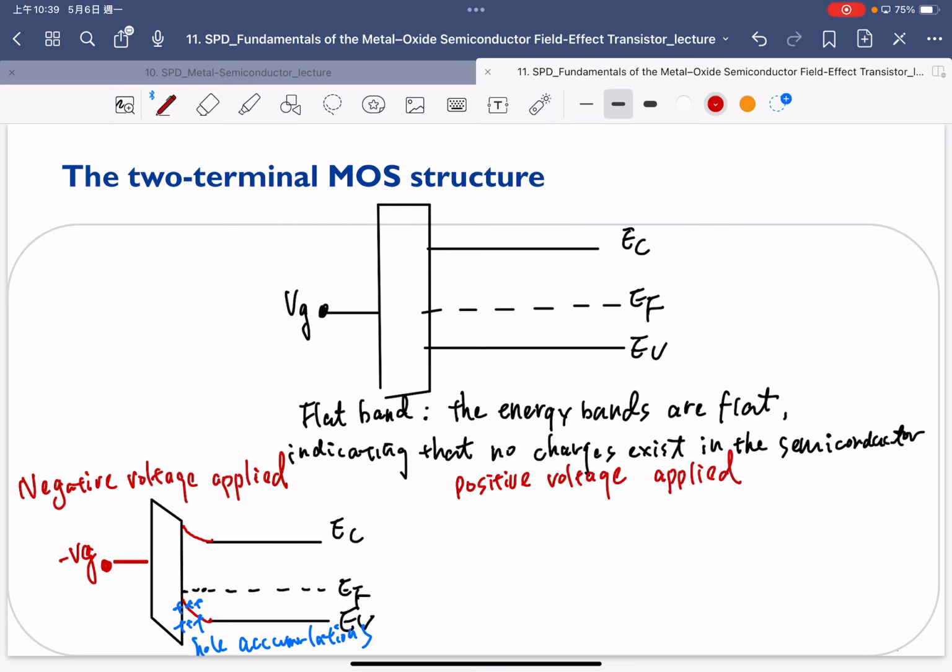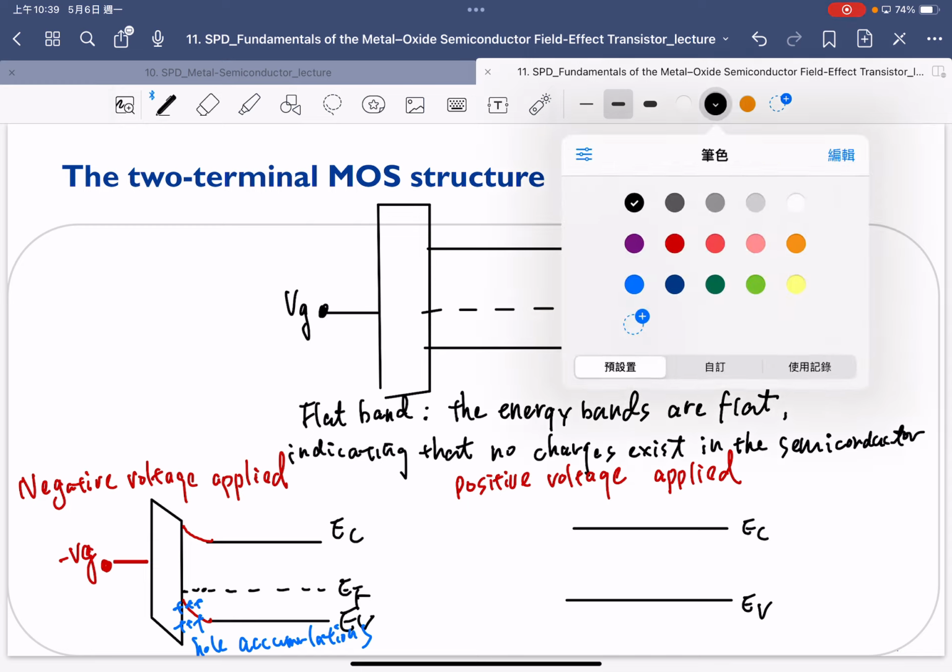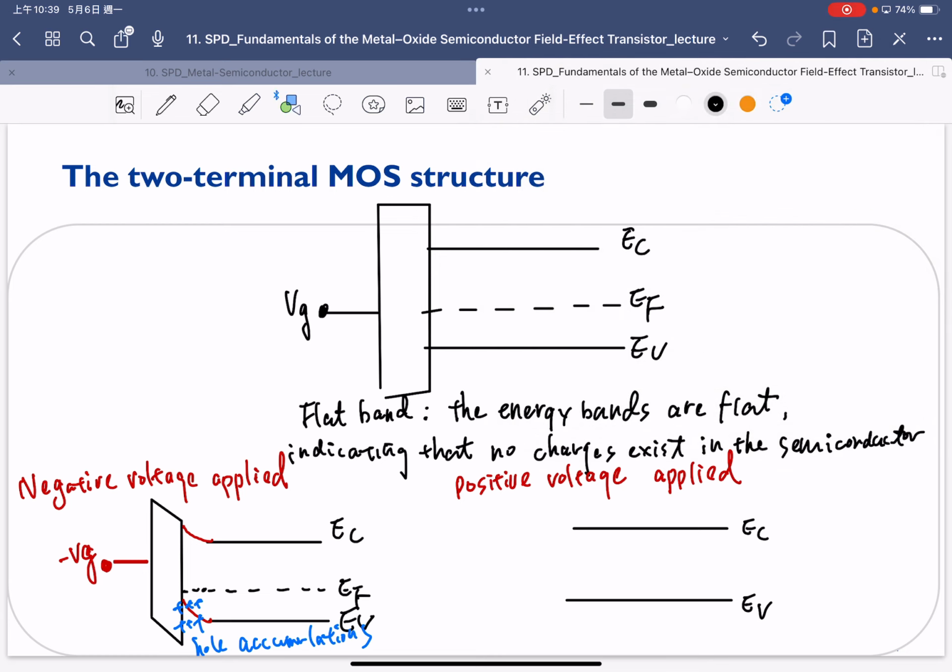So again, under the positive voltage applied, similarly we can expect that right now under the positive voltage, this is actually pulling down.